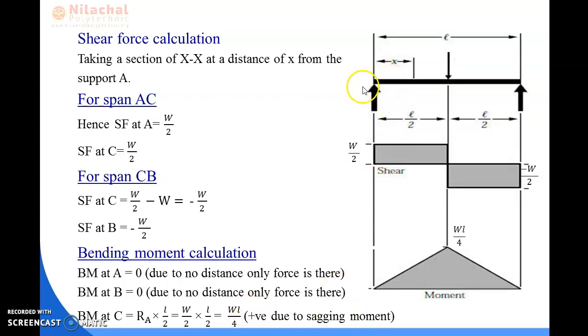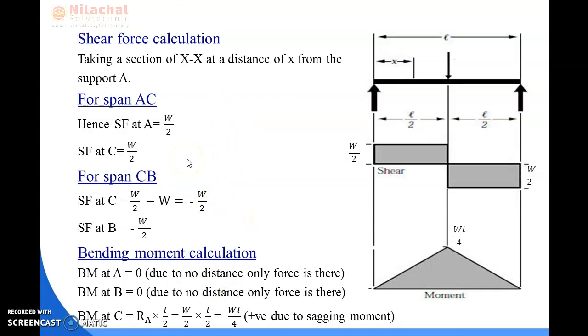That means this force is giving a sagging moment towards point C, so the value is positive. Now we can draw the shear force and bending moment diagram according to these values.